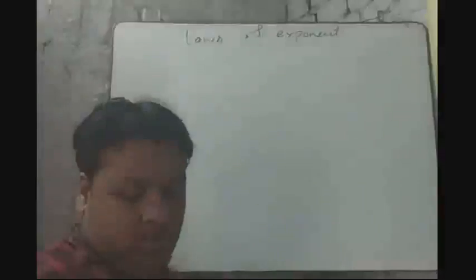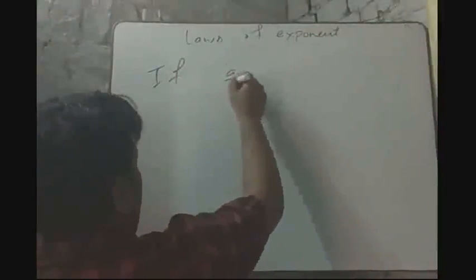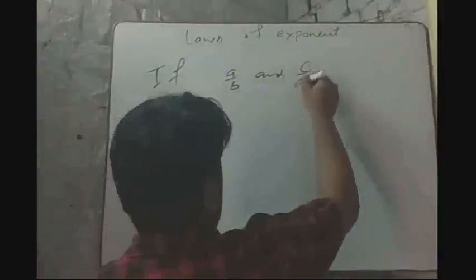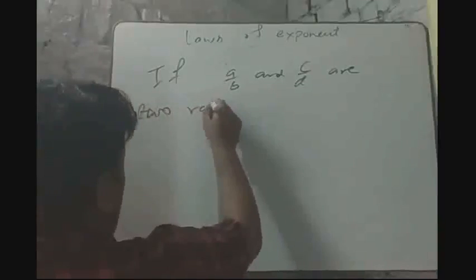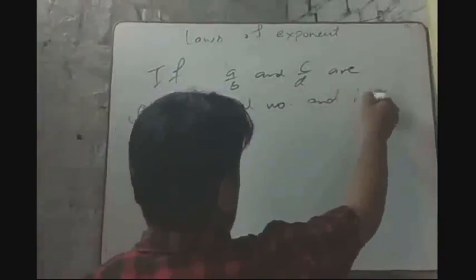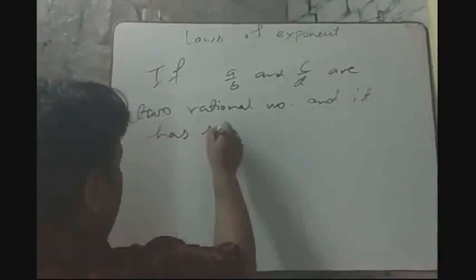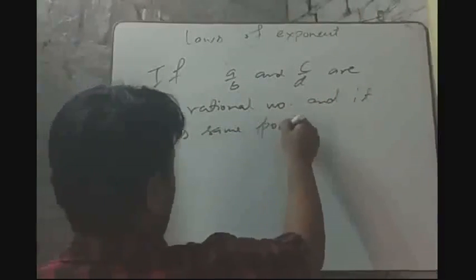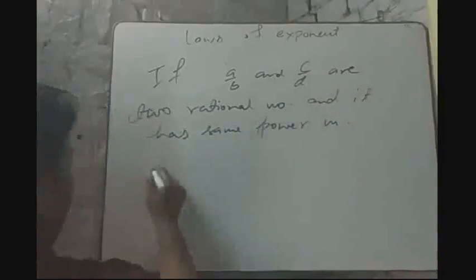That is, if a by b and c by d are two rational numbers and they have the same power m, then what will we do?